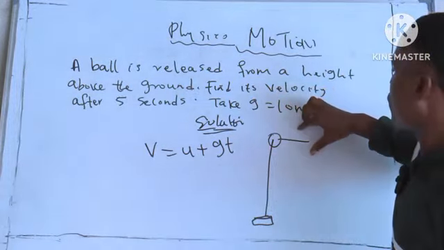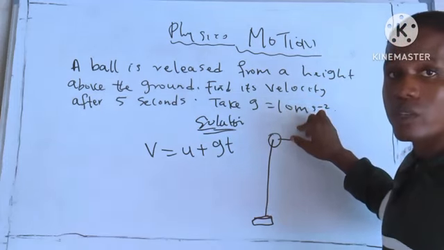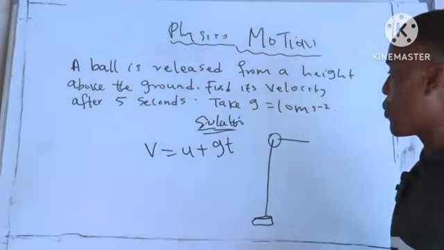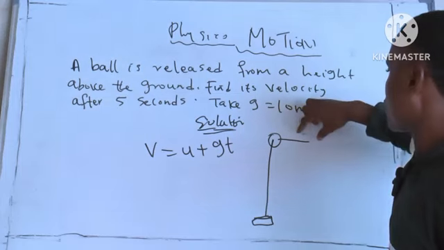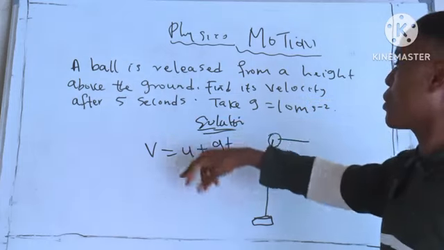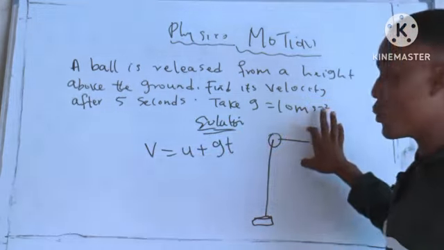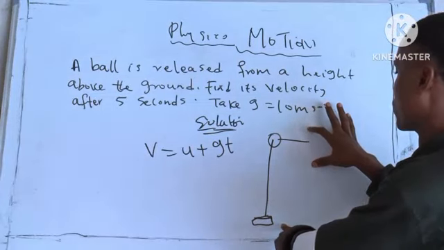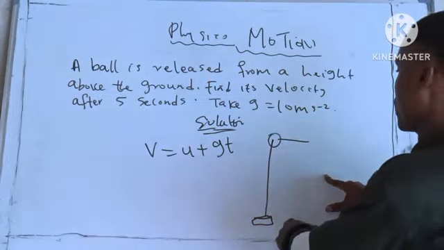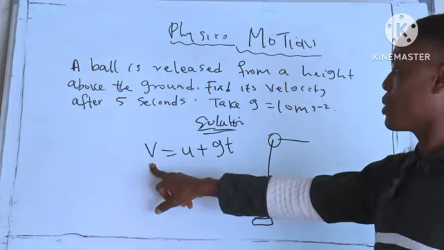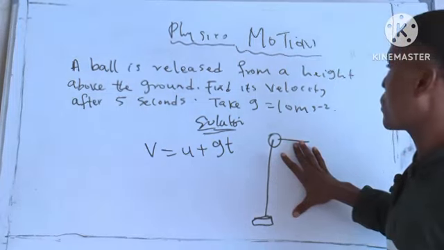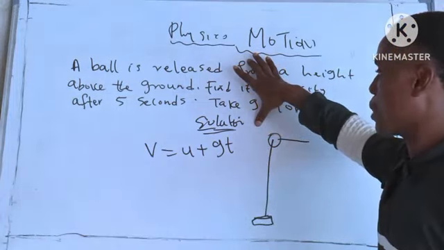If you release, let me say, a football from this top, when it's coming down, the initial velocity u is 0. But when you stand on the ground and throw the object upward, when it's going up, the final velocity v is 0. Understanding this concept alone will enable you to solve this problem.